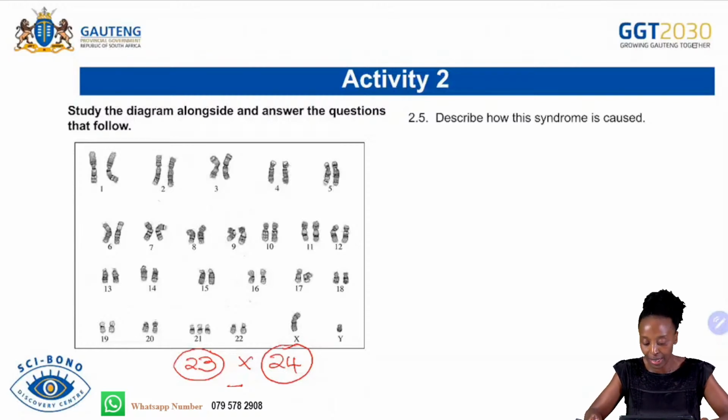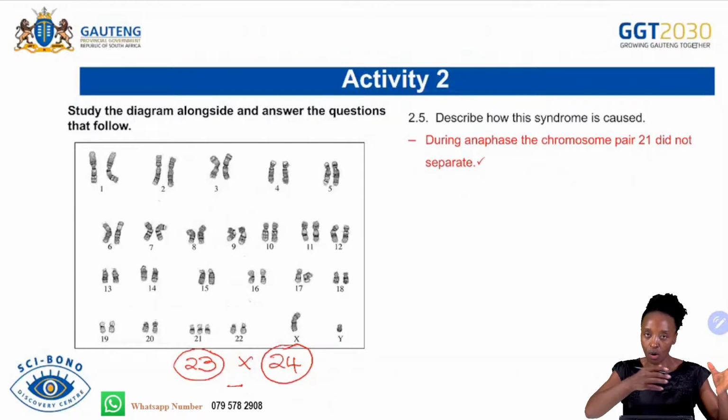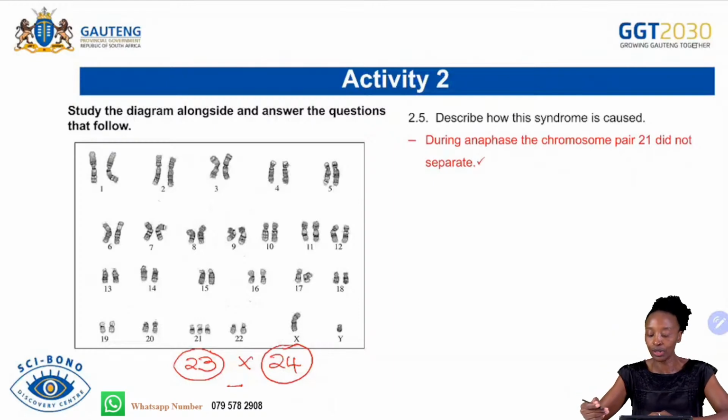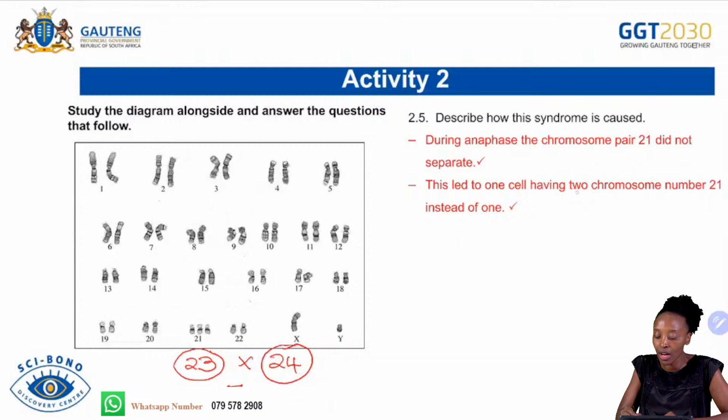So let's read the answer. Here, during anaphase, that is where you start. During anaphase, chromosome pair 21 did not separate, so they all went together to the other side. And then this led to one cell having 2 chromosome number 21 instead of 1.